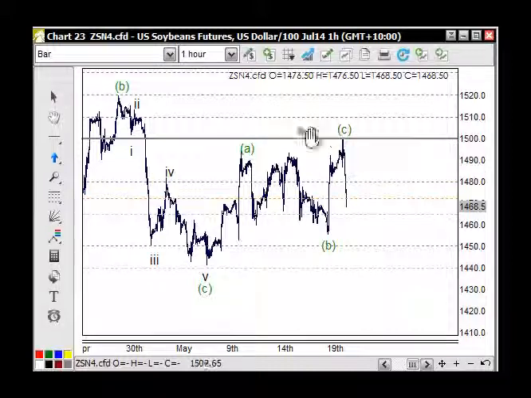Nice tested solid support. So it's got to go up there, and then it's got to come back and check it, and find support. And once we can see that it's got support, then we can move in. And if we're ever wrong, then we'll have the stop under the 1500 and would be out of it at that stage. But as it stands, we're still looking for a larger correction back to the 1400.